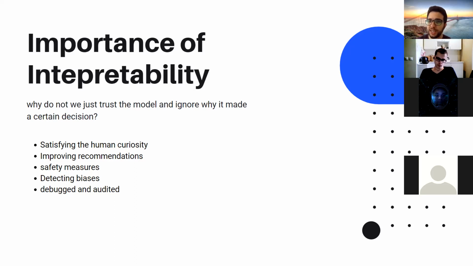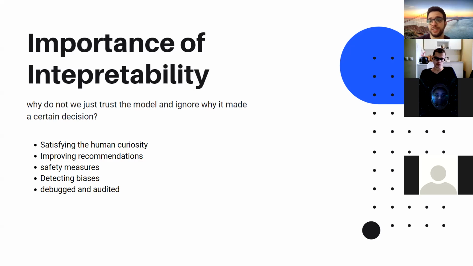So if you are at the bank and you were refused a loan just because you didn't have enough money in your bank account, or your source of income is too low, they would tell you, we refused you mainly because your source of income is less than this threshold. So these are the cases where it's very important to have interpretability.